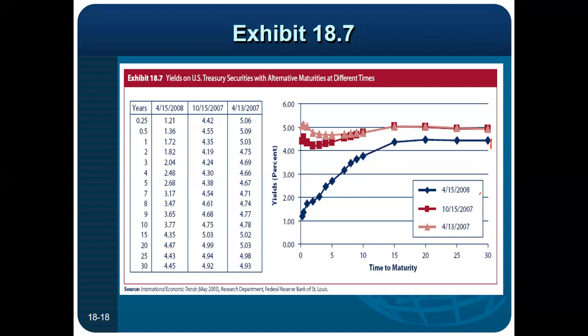So from 1% it increased to 4.45%. But for the longer maturity, it is just static like this. In 2007, both are static.